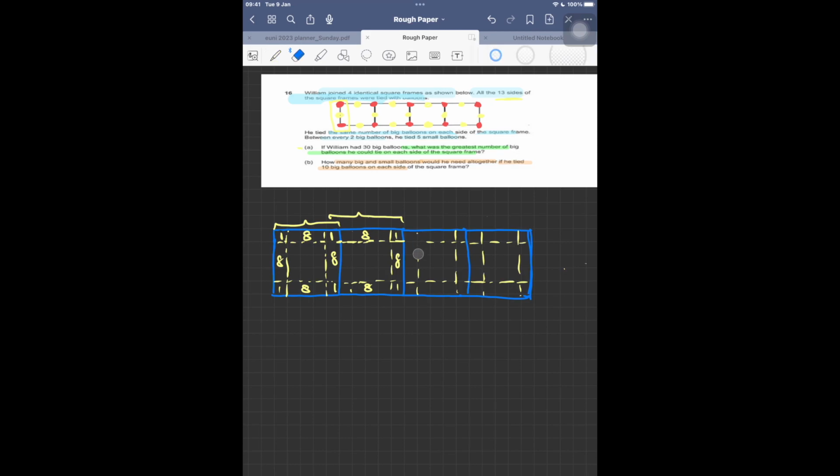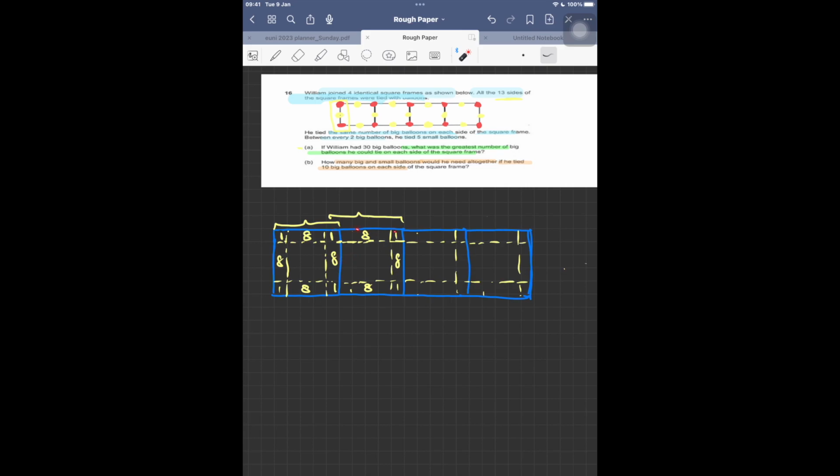Let me explain. Because over here to here is already 10 balloons, correct? And then this balloon here is supposed to be for this side here. So this side is already covered. So that means here has 1 already.